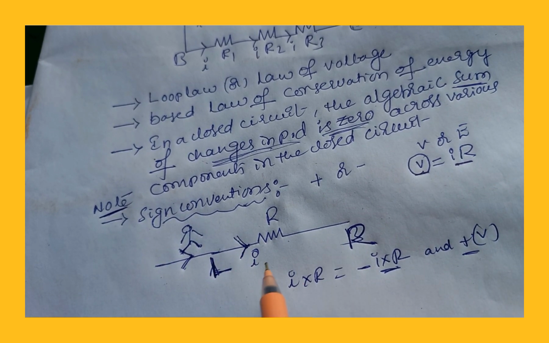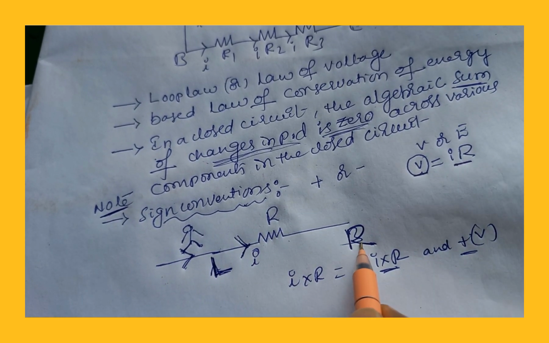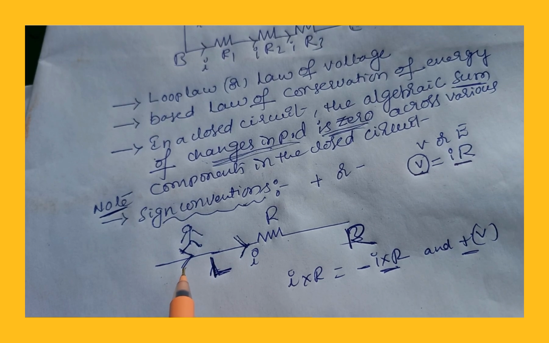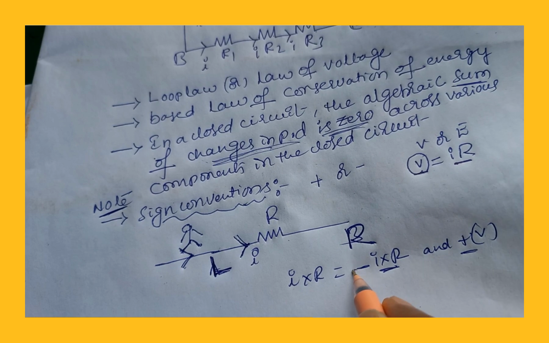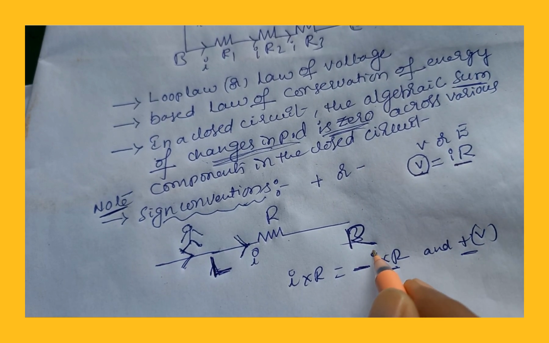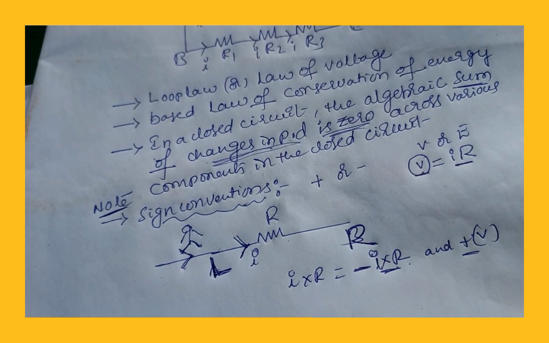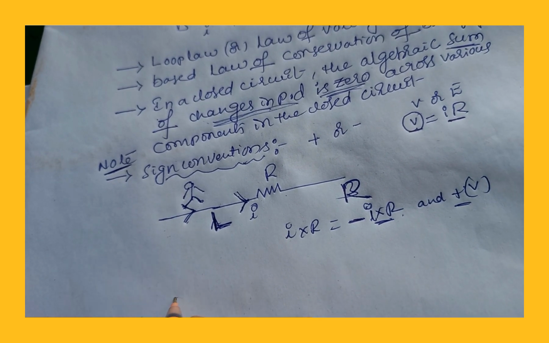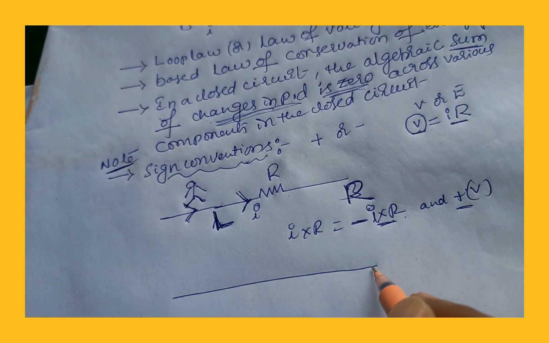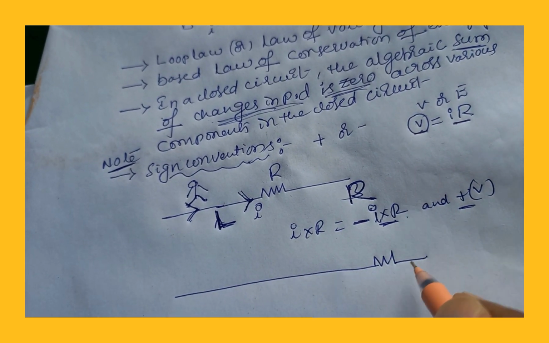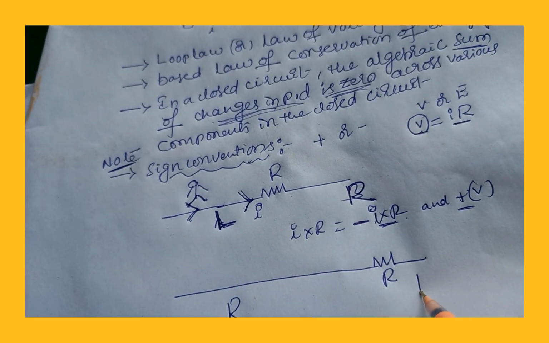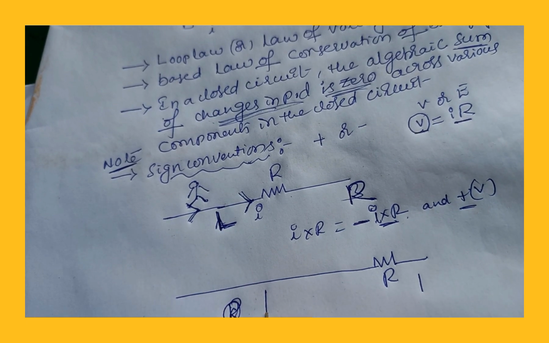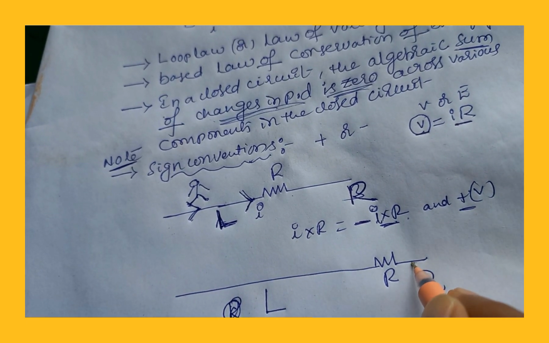here you can see in this wire current is moving from left to right. Observation is also from left to right. Then I into R will be taken with minus sign. For example, it is a resistance, with a left and a right.